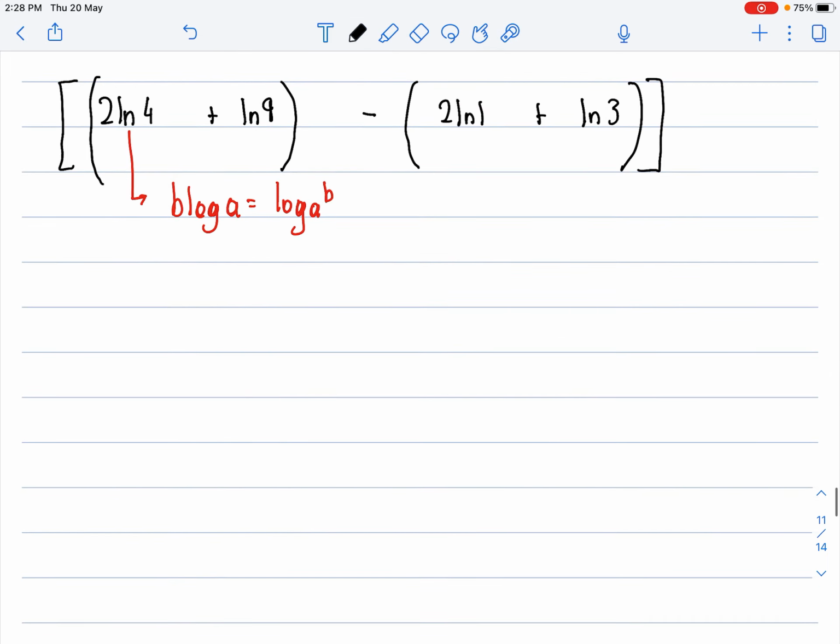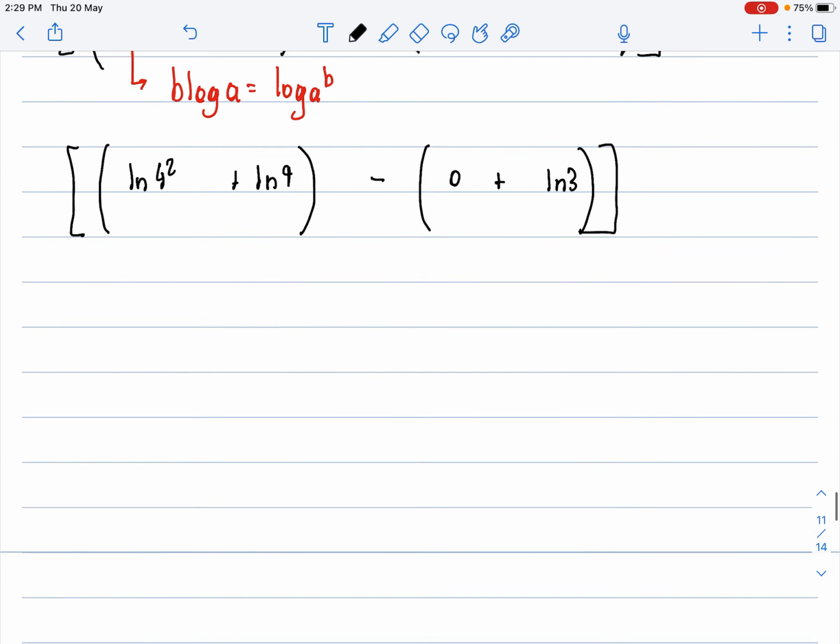So using this property, I can write this as ln 4 square plus ln 9 minus, I know ln 1 is 0, so it's 0 plus ln 3.